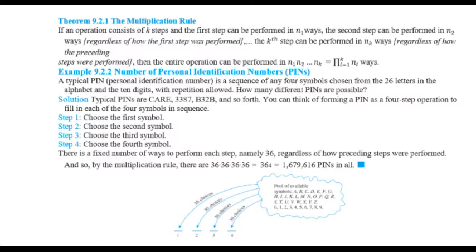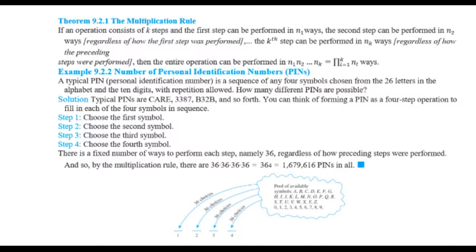You know that typically a PIN number is a sequence of 4 symbols chosen from the 26 letters of the English alphabet and the 10 digits from 0 to 9. And obviously the repetition is allowed. For example, you can have a PIN number of 1111. So the question here is, how many different PINs are possible?